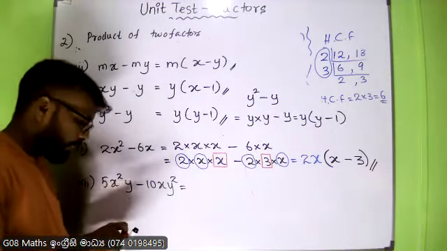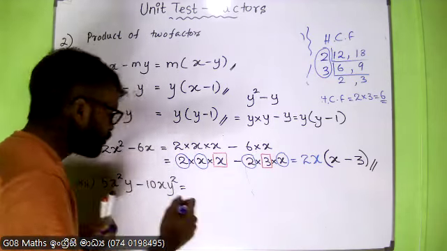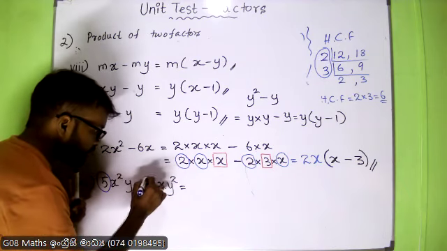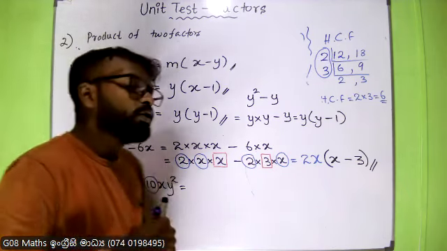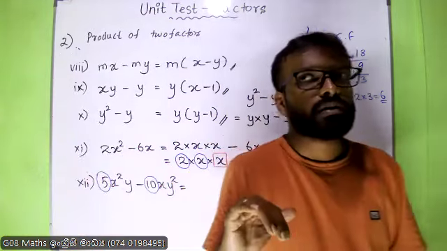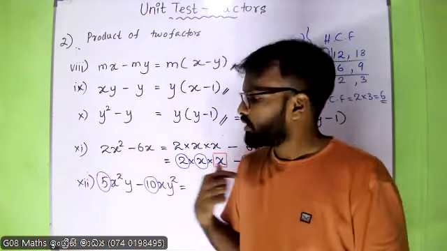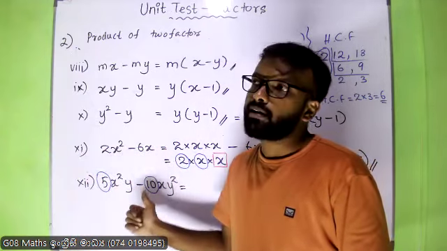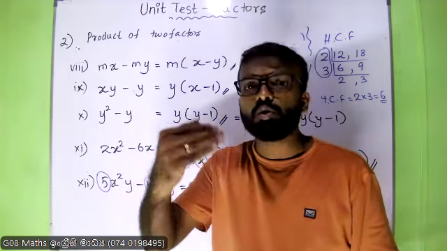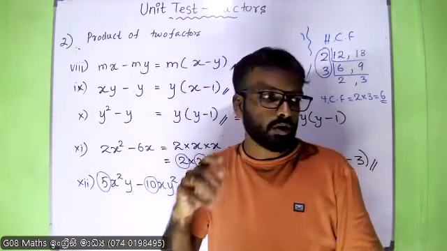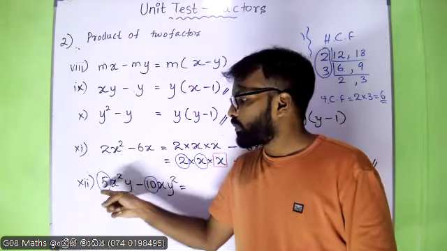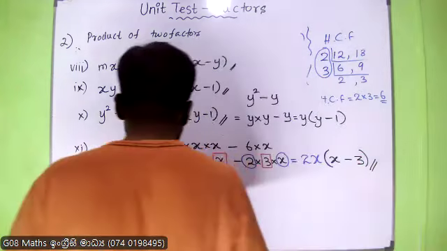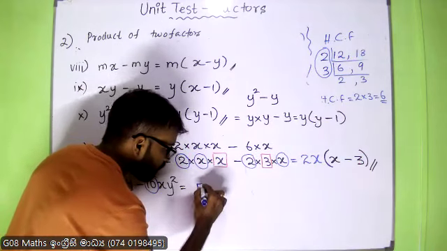First of all, I am finding the numerical terms. So, numerical values 5 and 10. By looking at 5 and 10, one thing I can understand: 10 is a multiple of 5. This is the way that you are going to think. 10 is a multiple of 5, so 5 should be a common term.